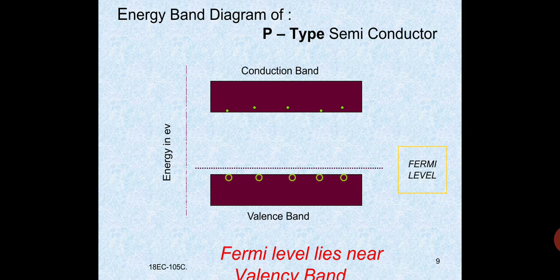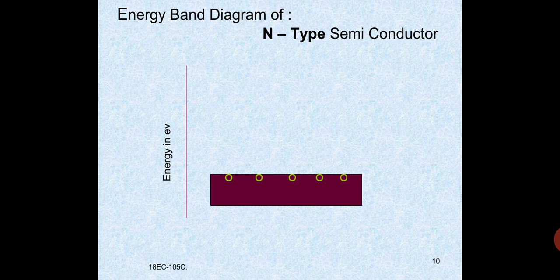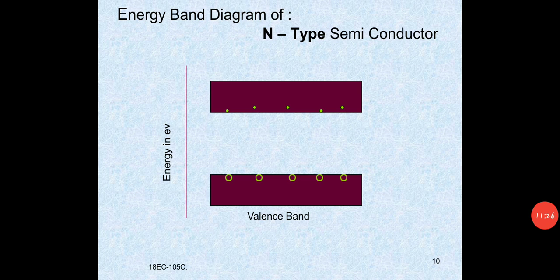Well, let us see the next one. The energy band diagram for a semiconductor material which is converted to n type. Yes. So here comes the energy level diagram for the n-type material. This is the valence band, and this is the conduction band.